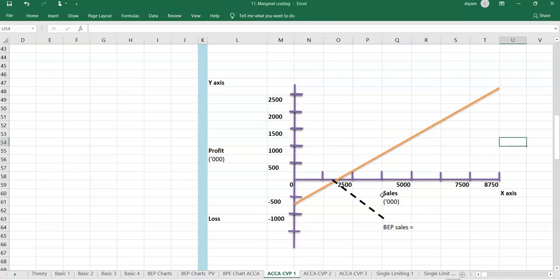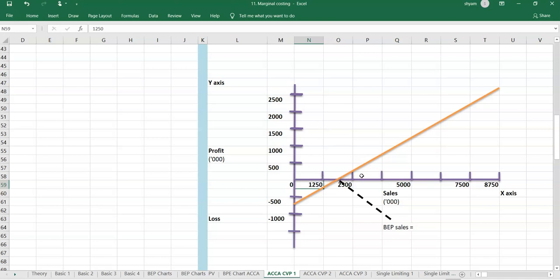So let's see whether our BEP is correct or not. This should be our break-even point. It is less than this point, which is 1250. We are giving a scale of 1250. This is 1250, this is 2500.